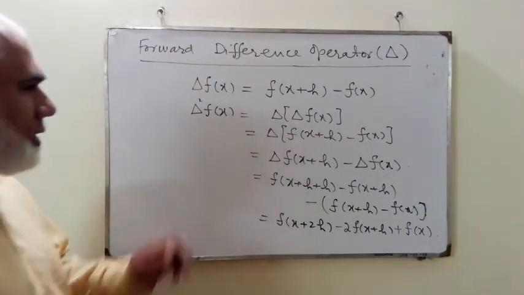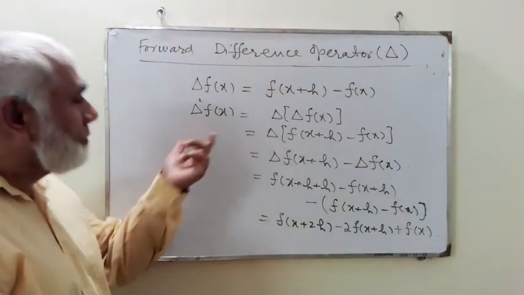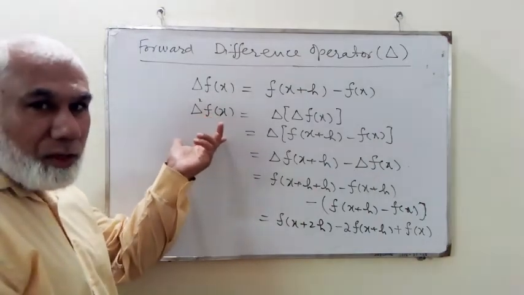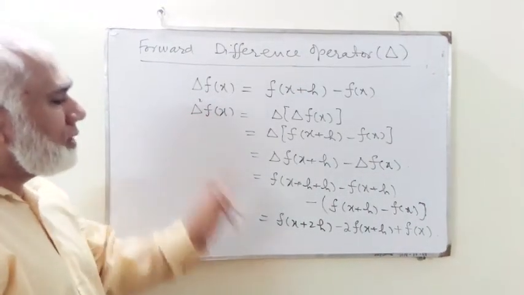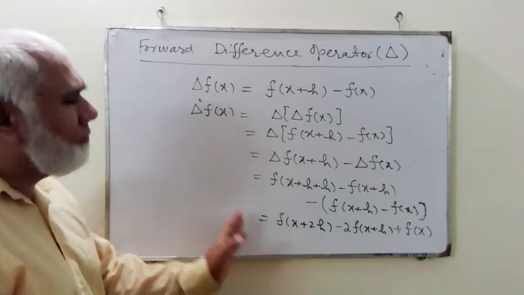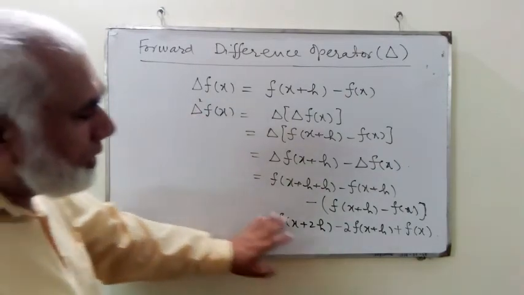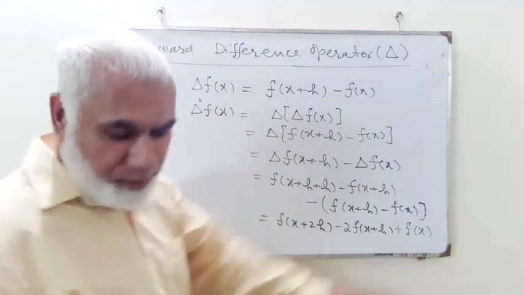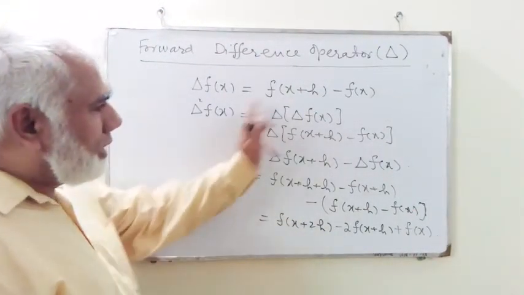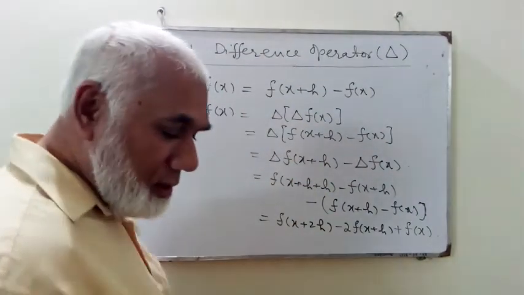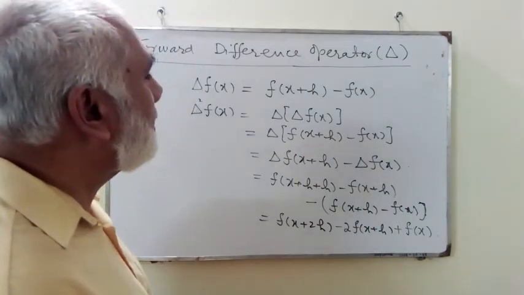So this is the output we get, the application of delta twice over the function. Similarly, if you increase the order of this operator, accordingly the result will change. So this is a brief description of the forward difference operator.